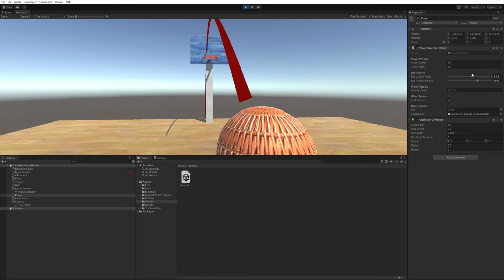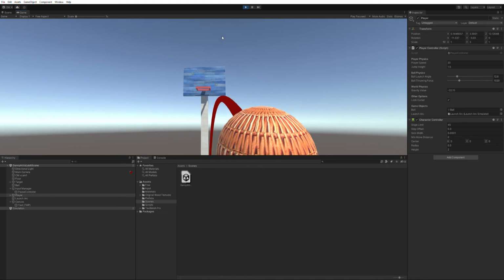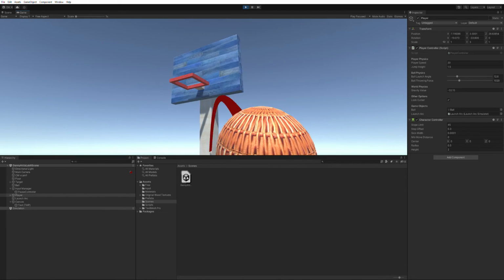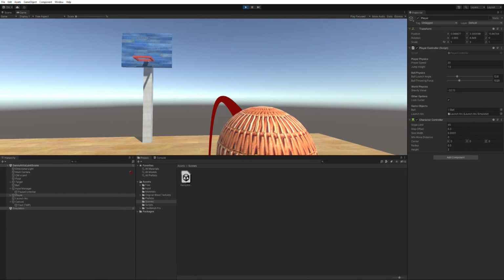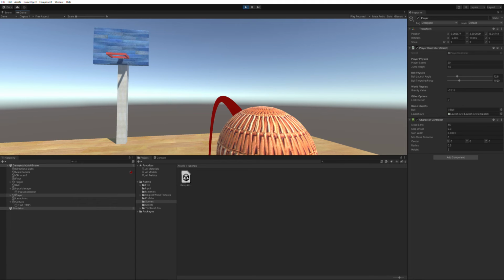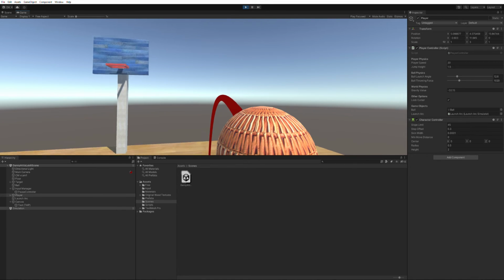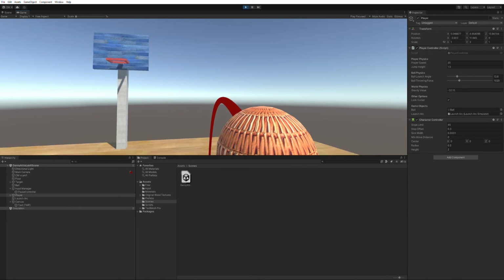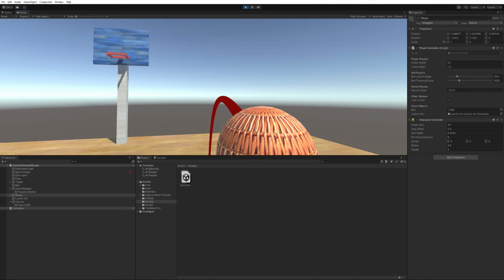If I want to make a layup, I could decrease the angle, decrease the force a lot, and I could just go for a jumping layup like that. There we go. Cool. What's interesting about the jump is that if you look closely at the launch arc right here, when I jump, it goes up a little bit, and then it also goes down as my player goes down, because I'm increasing the velocity of the force applied to the ball by the y velocity of the player's jump.